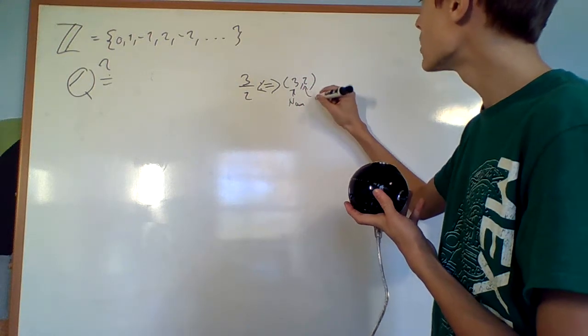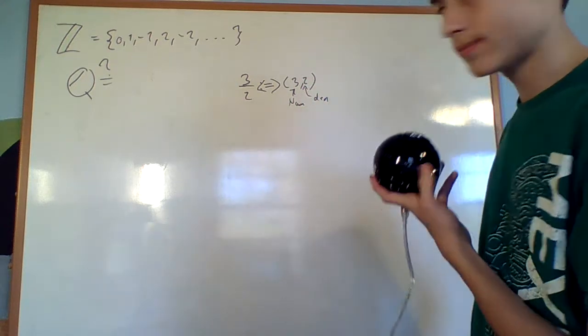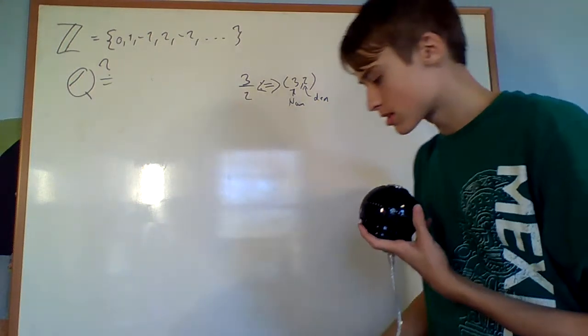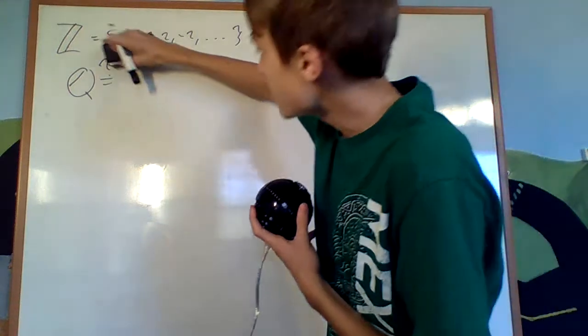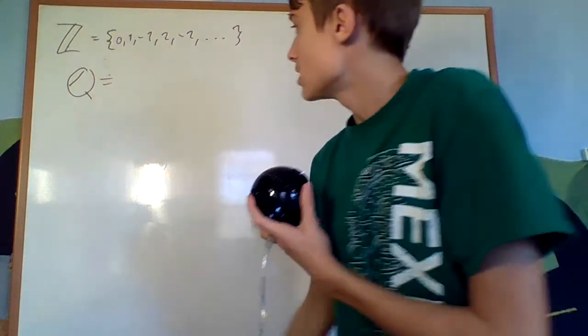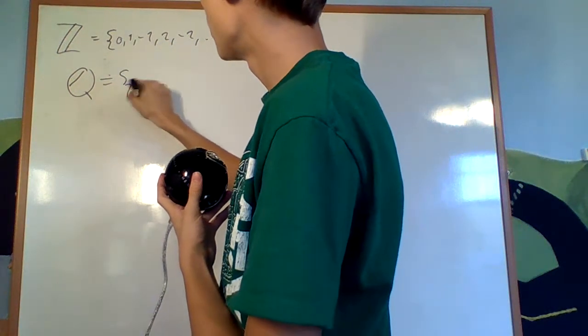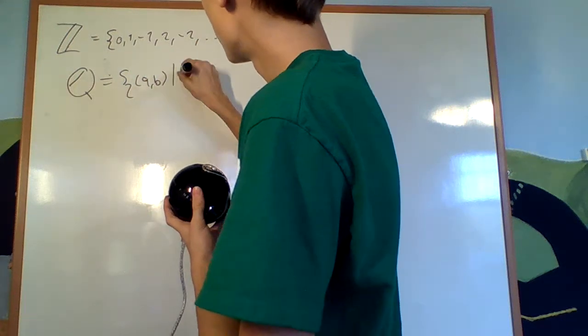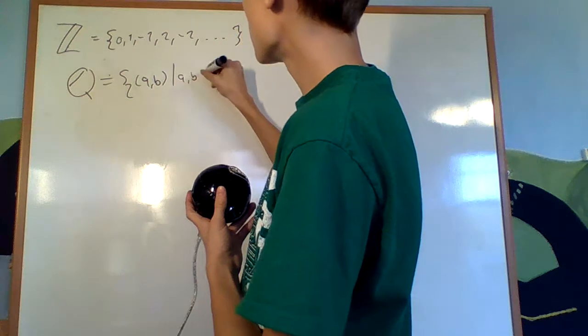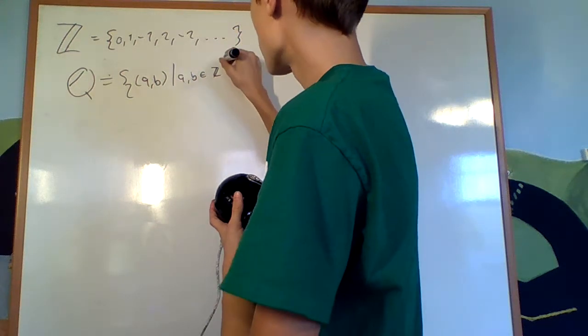Right there is going to be the denominator. So let's say Q is going to be equal to the set of all pairs (A, B) for A and B in Z.